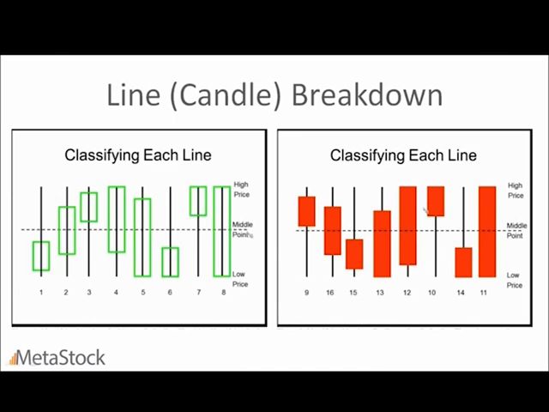Now, once we've established that midpoint line, we are actually going to identify different candle patterns. Then we're actually going to start looking at where the body of the candle is. Now, the first set of candles are all of our bullish patterns, our bullish candles. The second set are all of our bearish candles. Now, they are all numbered.